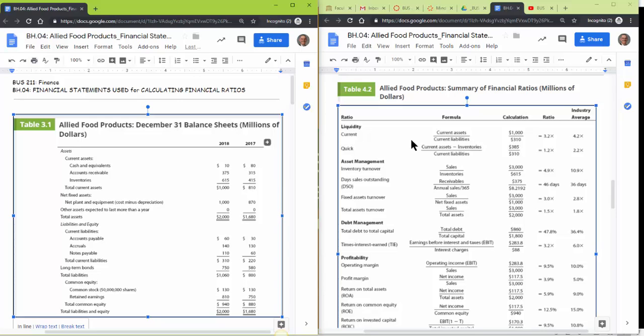For example, from Principles of Accounting, you know the current ratio is the total current assets divided by the total current liabilities.